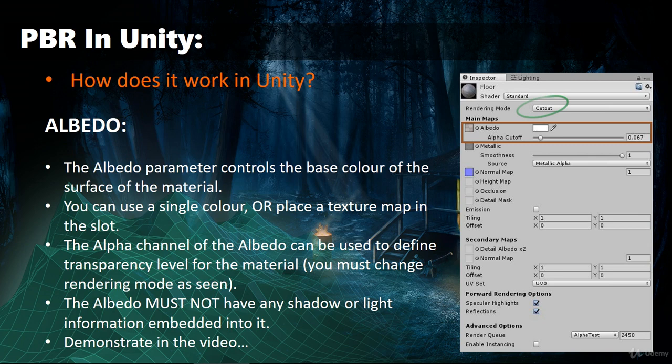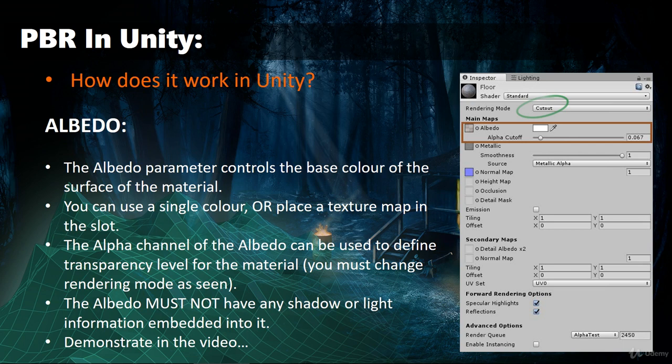It must not, under any circumstances, have any shadow or lighting information within that texture. It gets calculated through the engine. You don't need to put any shadowing or lighting in that texture. Unlike the old days when we used to do diffuse, we used to sometimes bake in some ambient occlusion and some shadows and add highlights and lighting into the diffuse map.